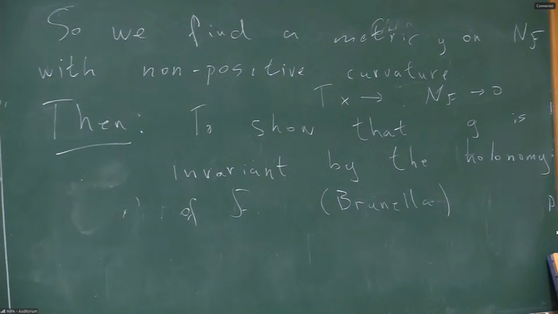Local is false: locally you can construct metrics with negative curvature that are not invariant. So the argument has a global component, because otherwise you can produce a transverse metric with negative curvature which is not invariant by the holonomy.